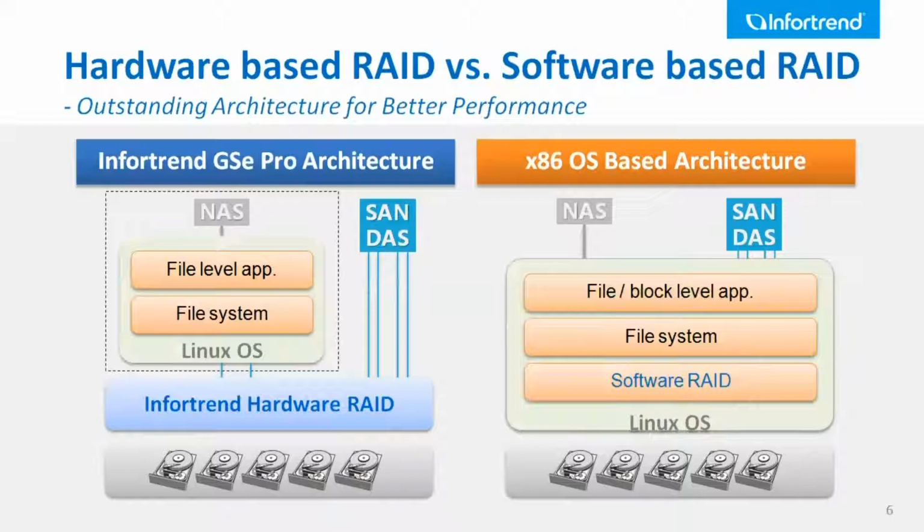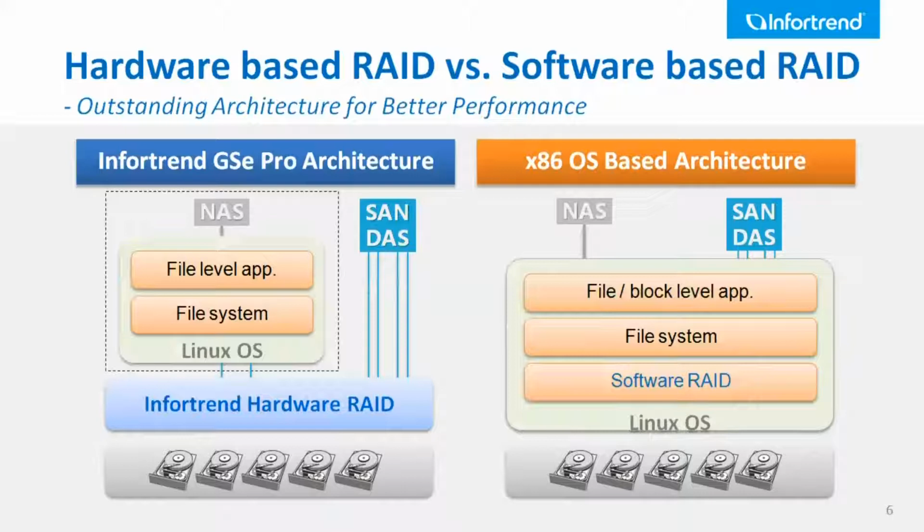This portion is an independent unit dedicated to SAN application, which has less direct resource impact from the CPU and the OS. As for the standard x86 software-based RAID architecture, the RAID is virtualized by the OS, which also includes the file system and file or block level application. This architecture is simple compared to hardware-based RAID. However, all operations rely on CPU and I/O bus resource.